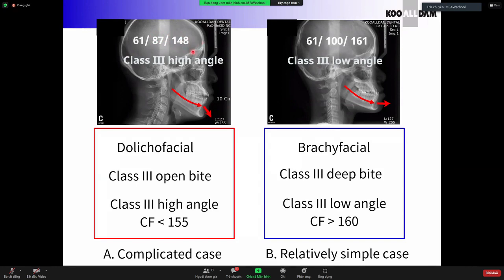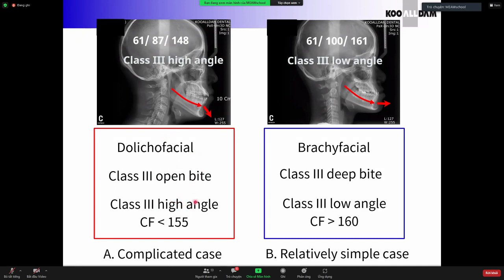Lesser than 155 means class 3 high angle case. This means the mandible moved forward and downward. The patient has a dolichofacial type, class 3 open bite and class 3 high angle.